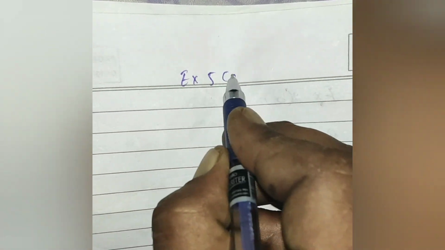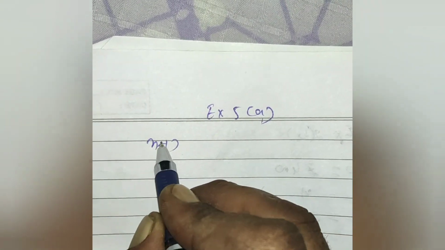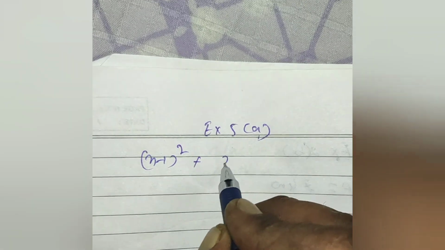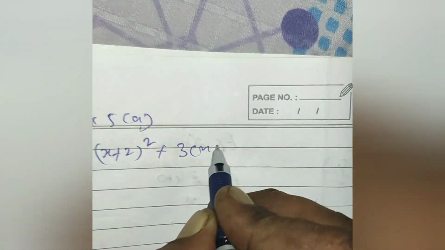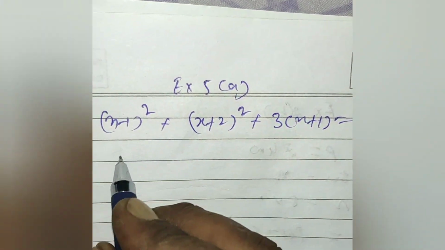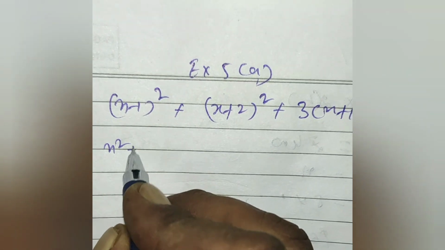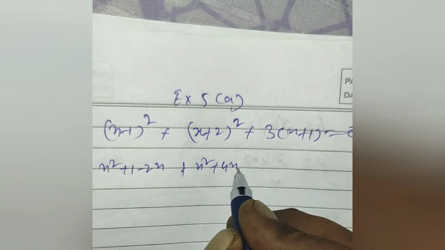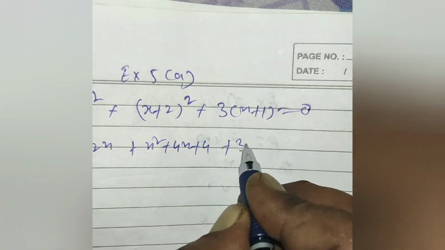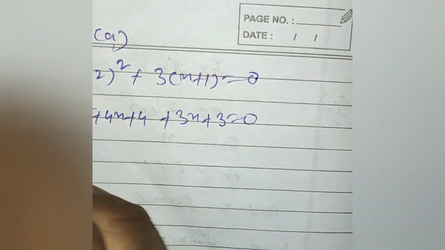Now from exercise 5A, question number 3: x minus 1 whole square plus x plus 2 whole square plus 3 into x plus 1 is equal to 0. So first of all, open all the squares. x square plus 1 minus 2x plus x square plus 4x plus 4 plus 3x plus 3 is equal to 0.